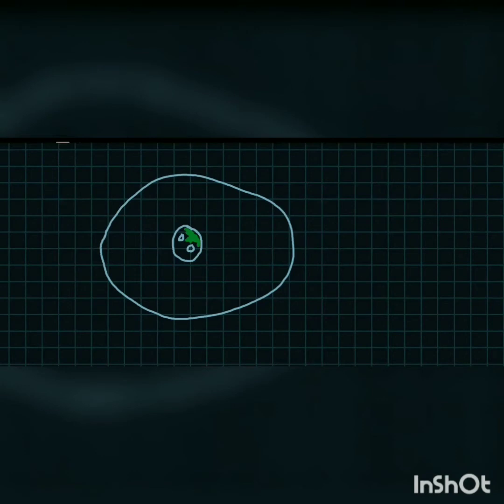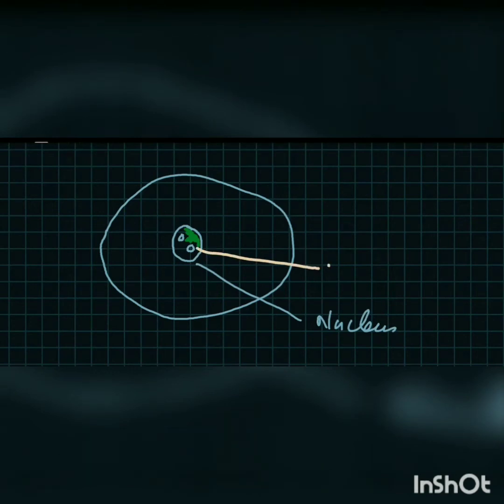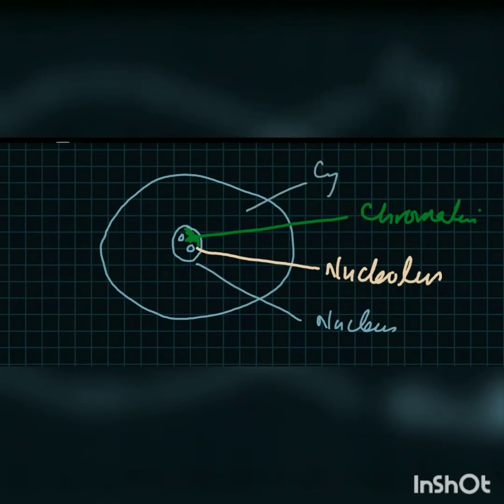So this whole structure is nucleus. These are nucleoli, or singular will be nucleolus, and this will be chromatin. Obviously this is cytoplasm here.